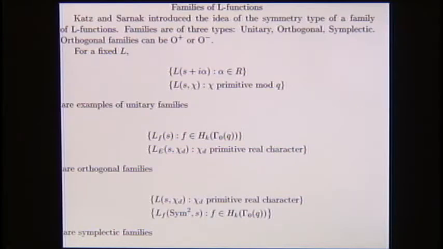For orthogonal families, the simplest examples come from modular forms. If you take cusp forms of a fixed weight and large level, with the level going off to infinity, or a fixed level and weight going off to infinity, those give you orthogonal families.